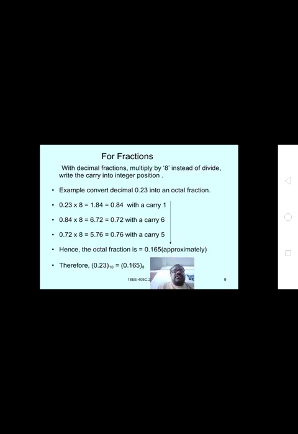For fractions, with decimal fractions, multiply by 8 instead of dividing. Write the carry into the integer position.